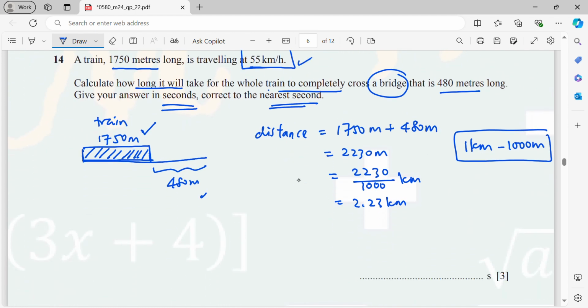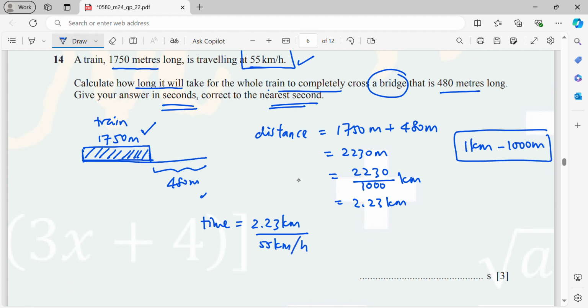And now it's mentioned here 55 kilometers per hour. So it means that every hour the train will travel 55 kilometers. So now the time, right? So now the time is distance over the speed. So that will be 2.23 kilometers over 55 kilometers per hour.